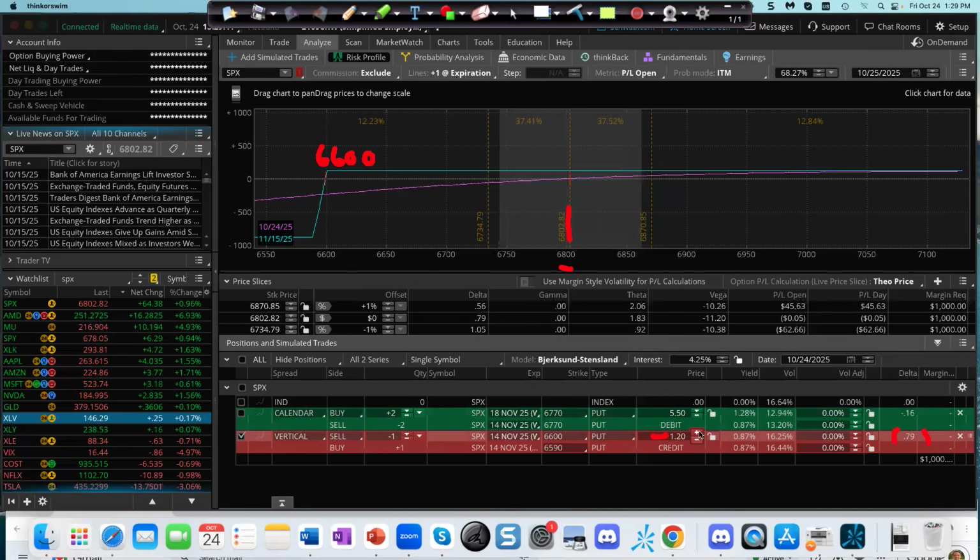With a $1.25 credit, if I do one of these, what's my margin or risk? $1,000, since the difference in the strikes is 10, minus 1.25 would be $875. If I put $1,000 into the calendar, let's say each calendar I'm paying $5.50, two of them is about $1,000.